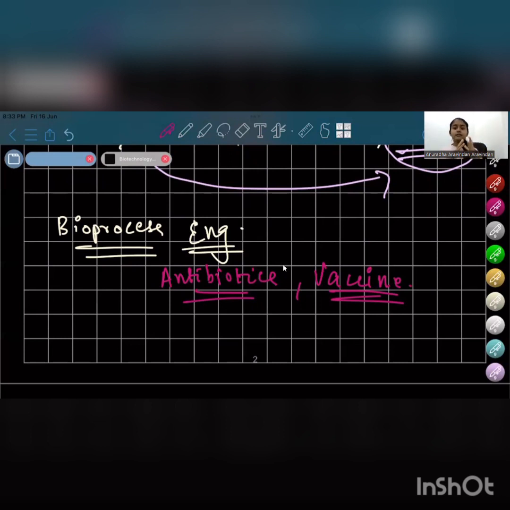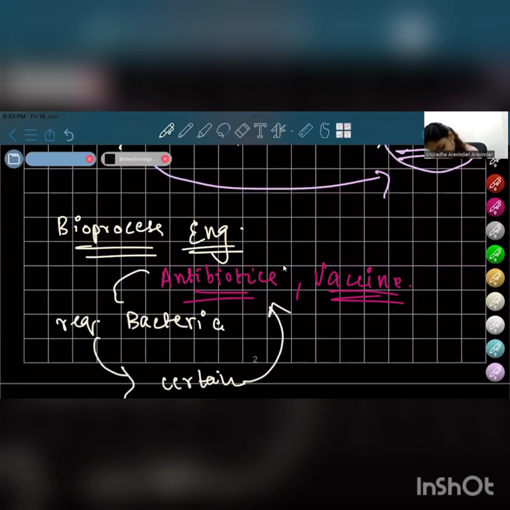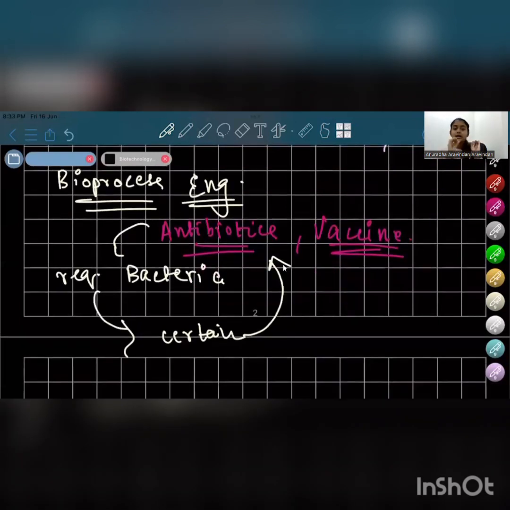So for that, I need a sterile environment where I can grow only the required bacteria. I need to grow only the required bacteria in order to obtain a certain antibiotic. So what should I do?